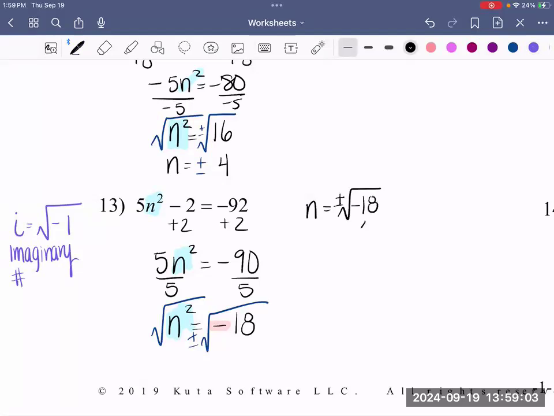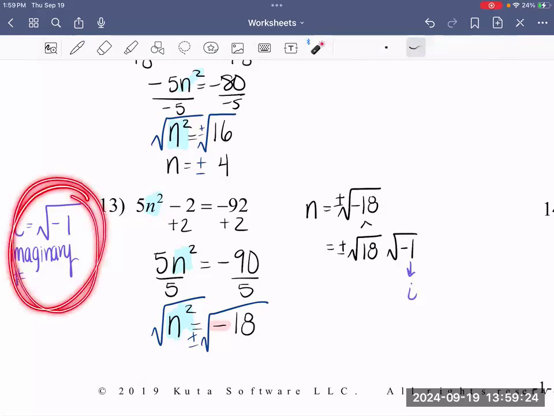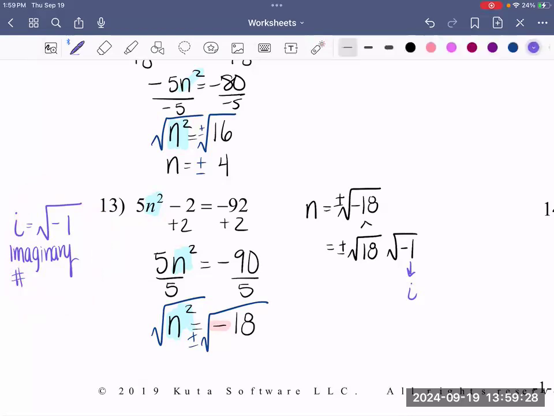We can rewrite this to show that we have the square root of 18 and the square root of -1. We can separate the negative away from your 18. Now, this square root of -1 can be called i, just as your rule applies. Anytime you have a negative under the square root, you're going to take it out and call it i. That's as far as we're getting into imaginary solutions.